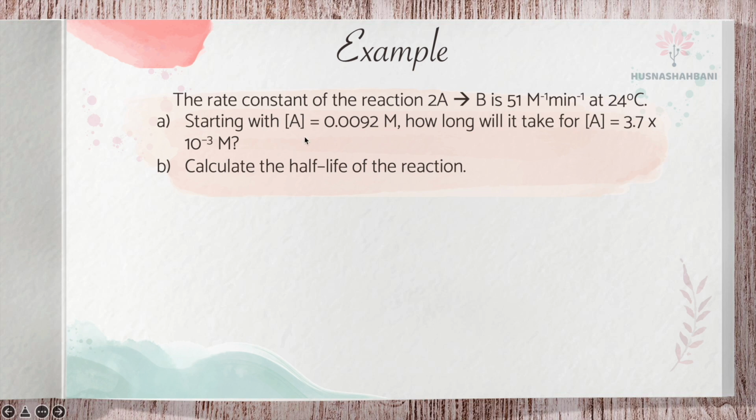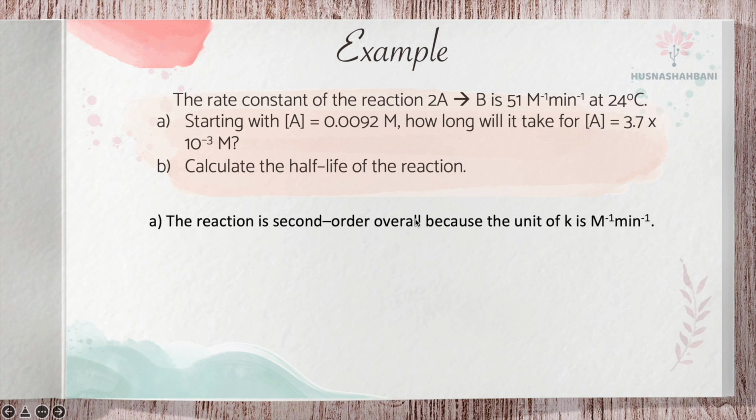Starting with a concentration of reactant A of 0.0092 molar, this is A naught, the initial concentration. How long will it take for the concentration of A to become 3.7 times 10 to the power of negative 3 molar? This is A t. You have A naught, you have A t, you need to find t, the time taken.